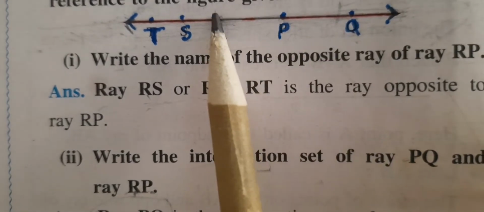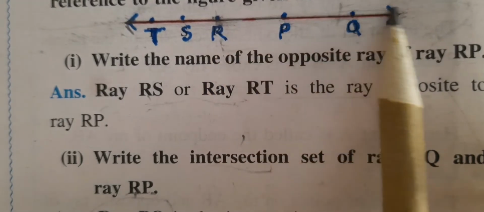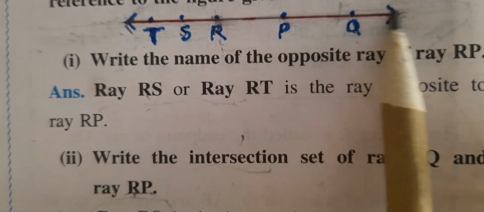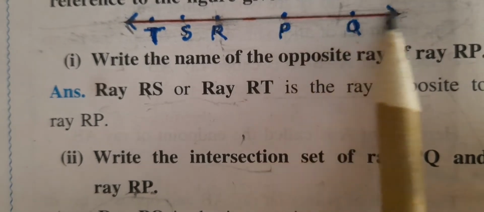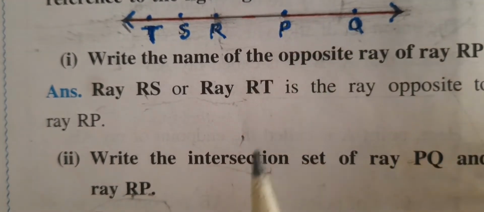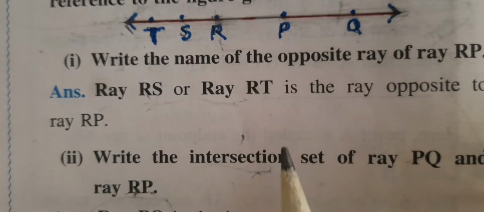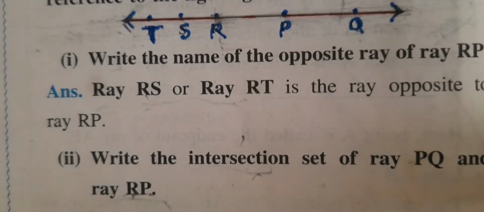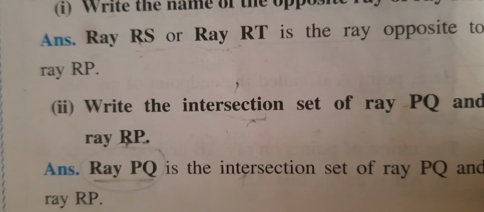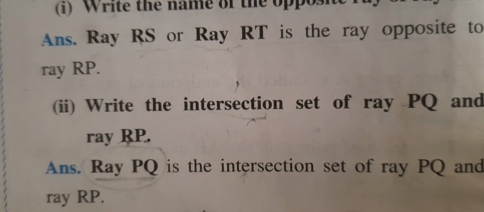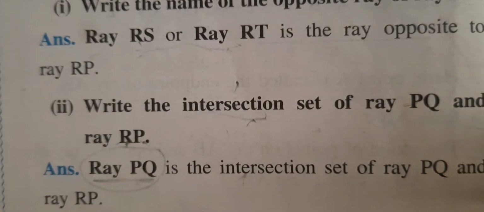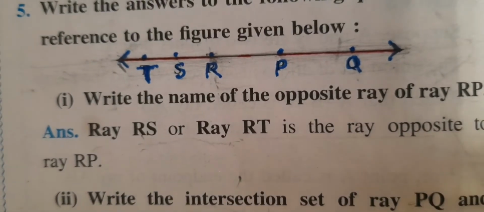So for ray RP and for ray PQ, the common part is this part, ray PQ. This is the common part. The common part is called the intersection set. So we'll say the intersection of ray PQ and ray RP is ray PQ.